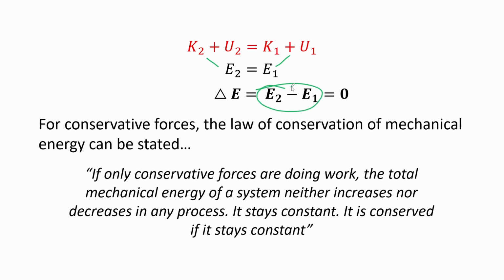Okay, the two are equal, because one gains, the other loses, and then later on it reverses, for example, kinetic going towards potential, then when it comes back, potential going towards kinetic. So the change in mechanical energy should be 0. Now, if only conservative forces are doing work, the total mechanical energy of a system neither increases nor decreases in any process. It stays constant. It is conserved if it stays constant.